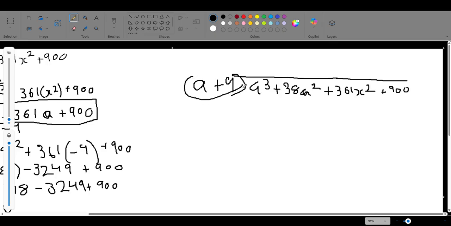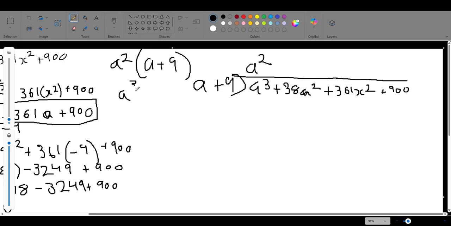So we multiply this entire expression by a squared. And so our first term would be a squared. If you multiply this entire thing by a squared, it would be a squared times a plus 9.